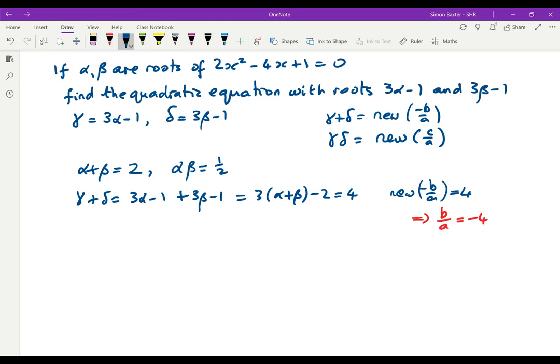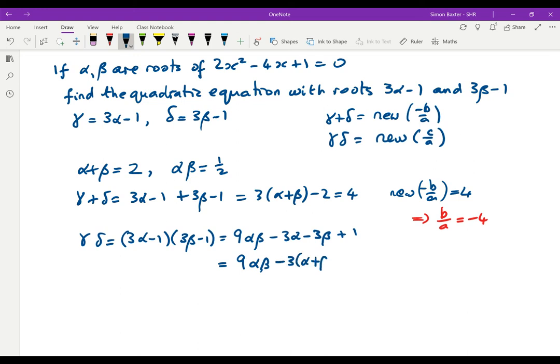What about gamma times delta? That is 3 alpha minus 1 times 3 beta minus 1. That gives us 3 alpha times 3 beta is 9 alpha beta, minus 3 alpha minus 3 beta plus 1. Factorize that to make it easy to handle. And I get that. I know that alpha beta is a half.